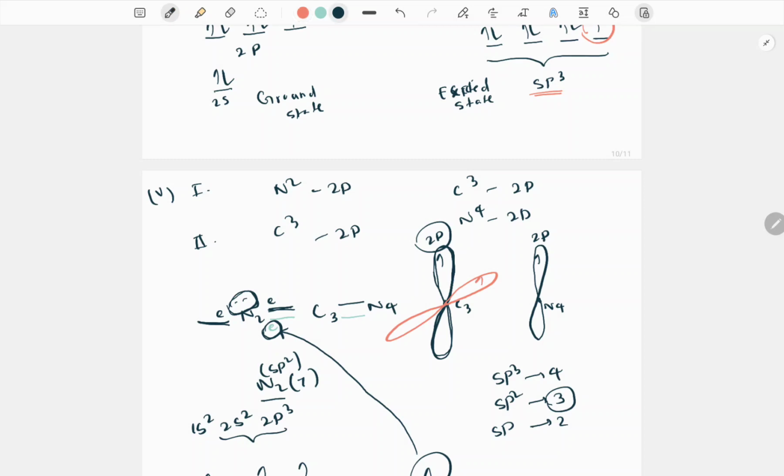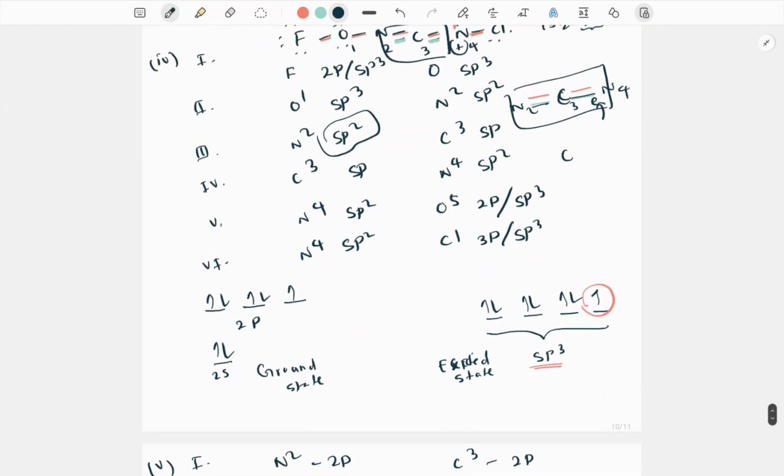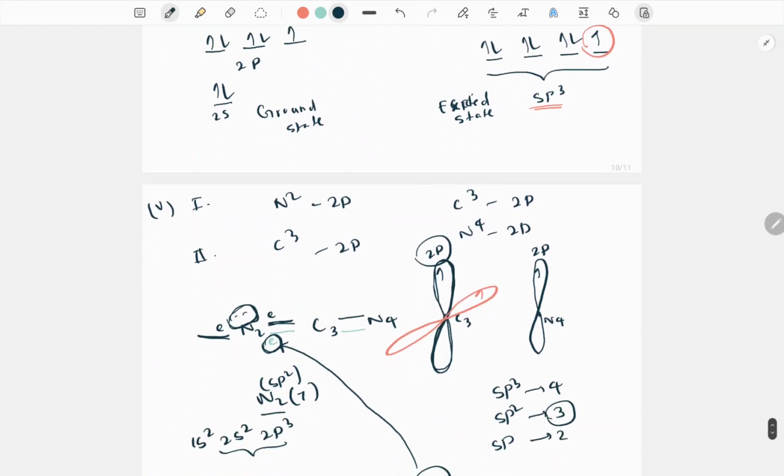And the question asks how the 2 double bonds are oriented. This is one double bond, right? This is another double bond. Now let's get it with regard to the pi bonds. This is one pi bond.